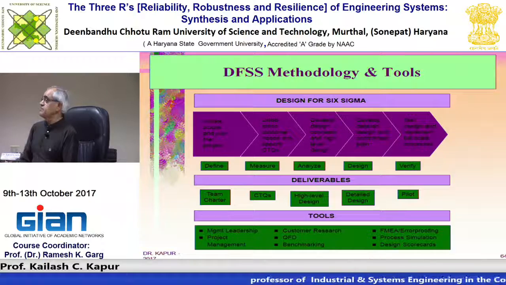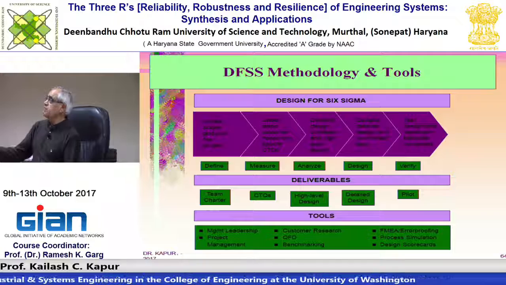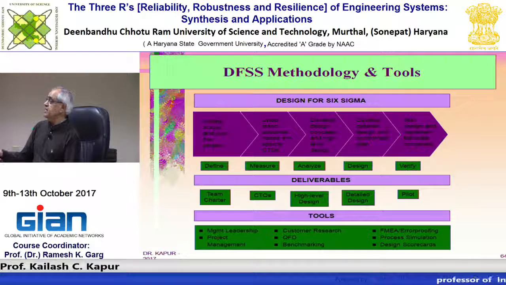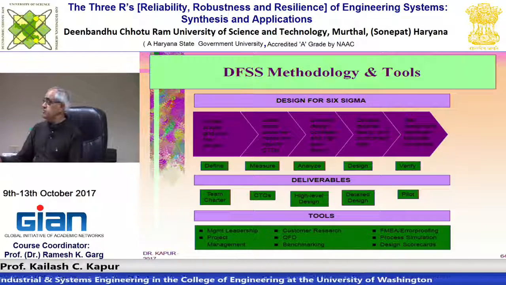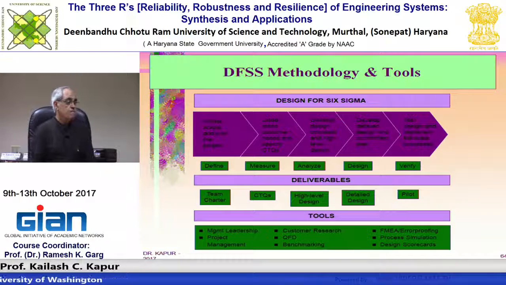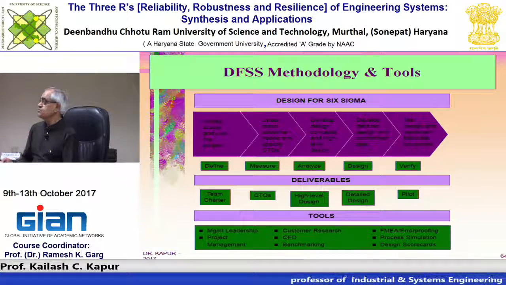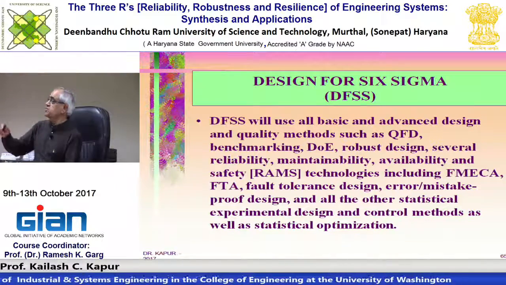These are a couple of pictures to show you how people in their company set up phases for design for Six Sigma: define, measure, analyze, design, verify. And then what are some of the tools that you are using at each phase. This is design for Six Sigma.